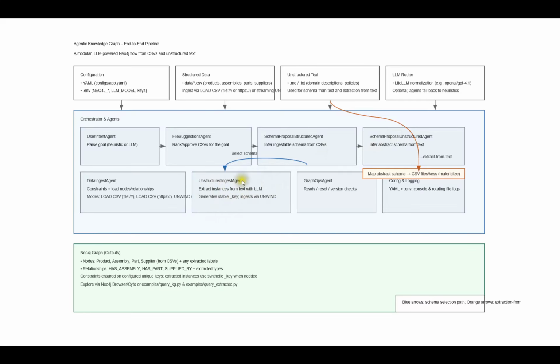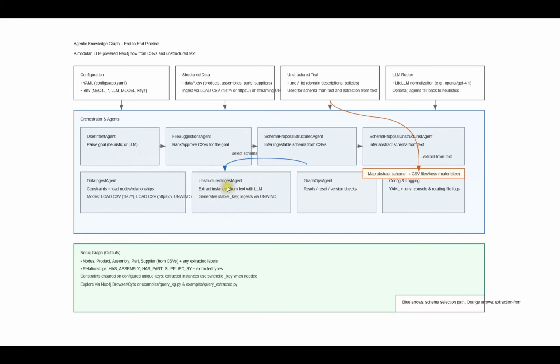We have another agent. These five agents are LLM leveraged. To be honest, they have both options. They can be heuristic or deterministic, or leveraged by an LLM, non-deterministic in this case.